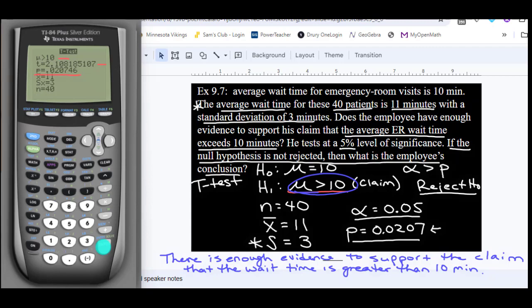But in our case, they did come up with enough evidence. So anyway, we get both sides of that. If P would have been greater than 0.05, then it would have been that case that they're asking about. But since P was less than 0.05, we are going to reject the null hypothesis, and therefore there is enough information to support our claim.